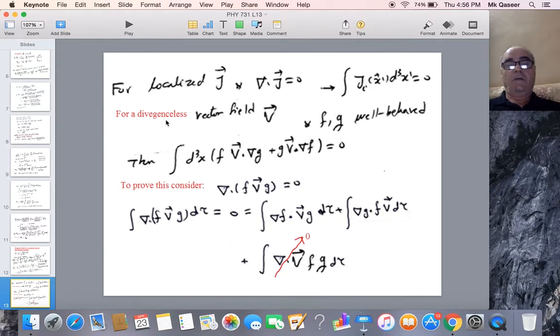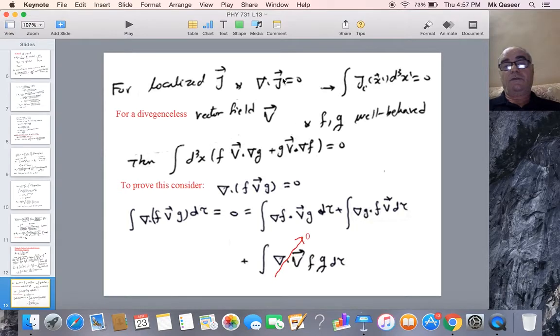Now we have a theorem which says that for a divergenceless vector V and scalar functions f and g, this integration equals 0. To prove this, assume that the divergence of f g V equals 0 because it's a divergenceless quantity, and then distribute the divergence over the three functions. We get this, and in the final integral, note that we have divergence V, which as stated by the theorem is equal to 0.